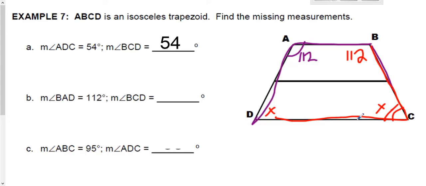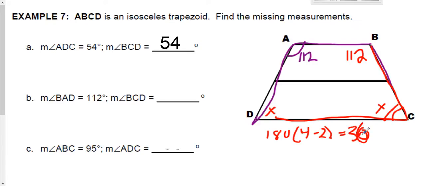How much should they add up all together? Well, we could use that formula we learned before, where you take the sum of all these interior angles in this four-sided figure will equal 180 times 4 minus 2, which ends up being 360 degrees in this quadrilateral.